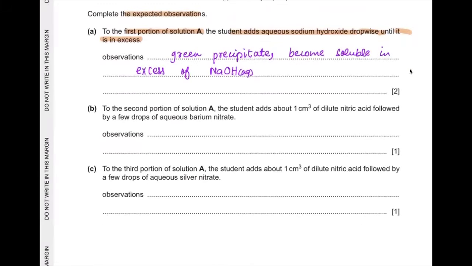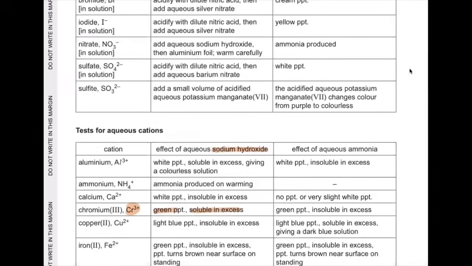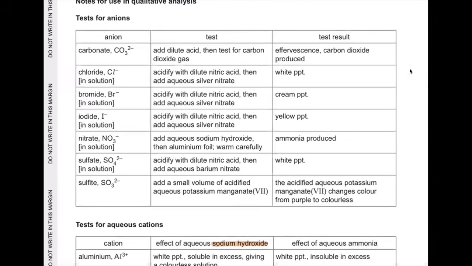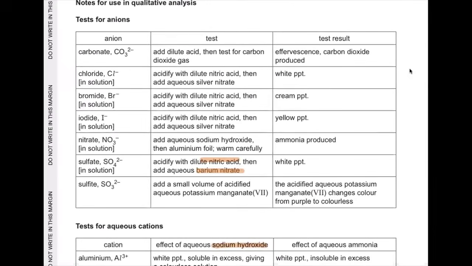Now, next part. To the second portion of solution A, the student adds 1 cm³ of dilute nitric acid followed by a few drops of aqueous barium nitrate. Dilute nitric acid is the test for carbonates. If there is a carbonate, you are going to observe fizzing. Dilute nitric acid and barium nitrate give white precipitates when the sulfate ion is present.